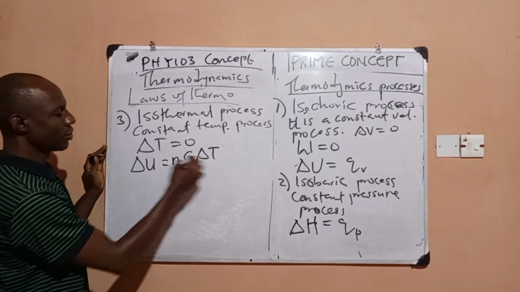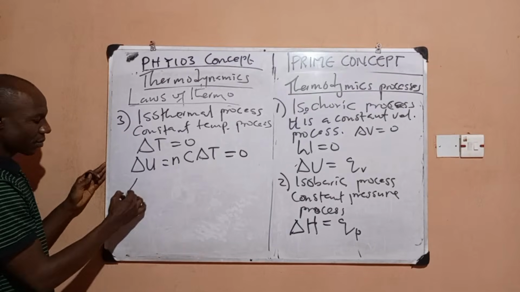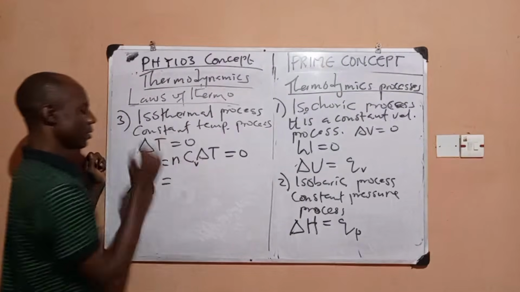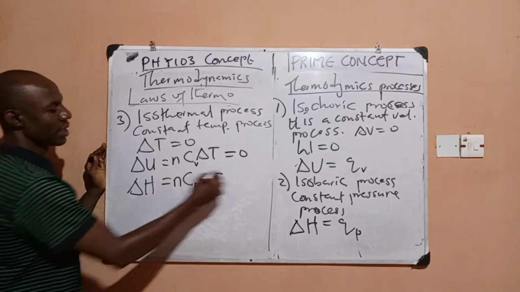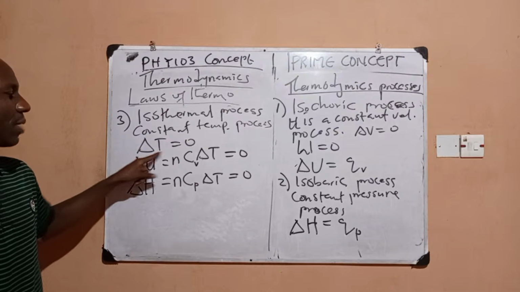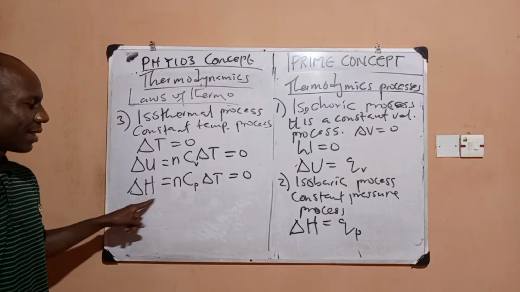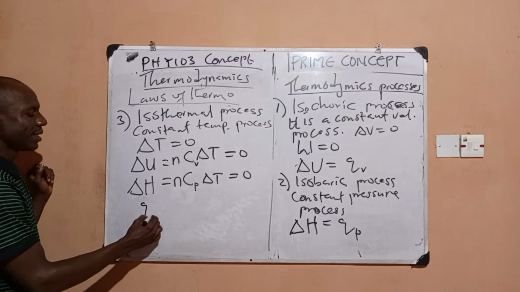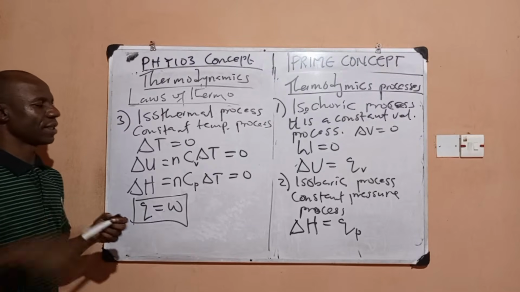So if change in temperature is 0, it means that delta U is going to be 0. Delta H also, see delta H is QP, right? So delta H is actually NC subscript P delta T. So it means that delta H is also 0. So for an isothermal process, change in temperature is 0, change in internal energy is 0, change in enthalpy is 0. And if all these things are true, it means that heat is equal to work done for an isothermal process, right?